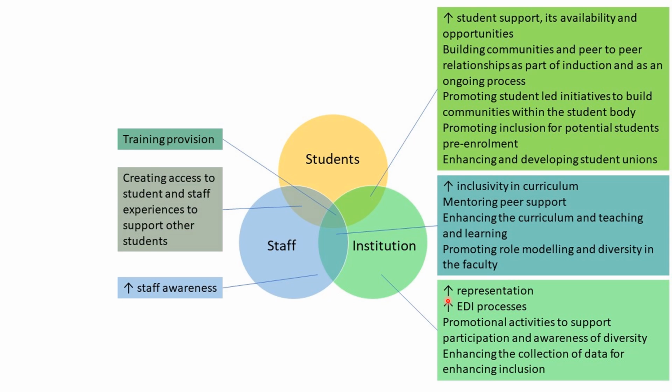Regarding the institution itself, working towards having more representation in the institution from diverse groups, improving the processes for equity, diversity, and inclusion, promoting activities to support participation and awareness of diversity, and finally, enhancing the collection of data for enhancing inclusion. And that may be some of the themes and topics that we will be discussing during the workshop at USC in early 2024.